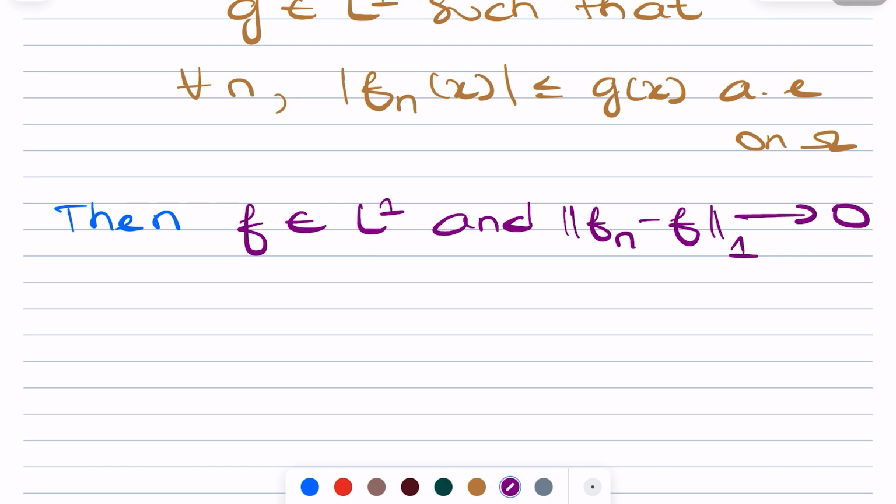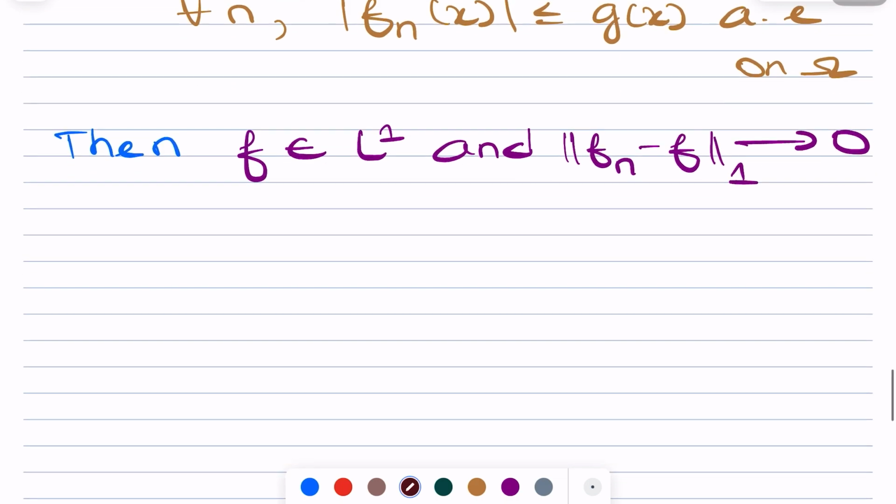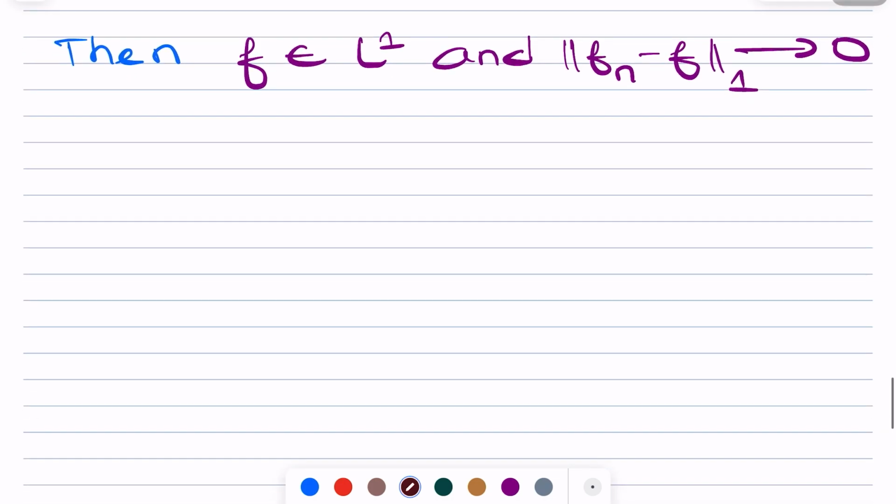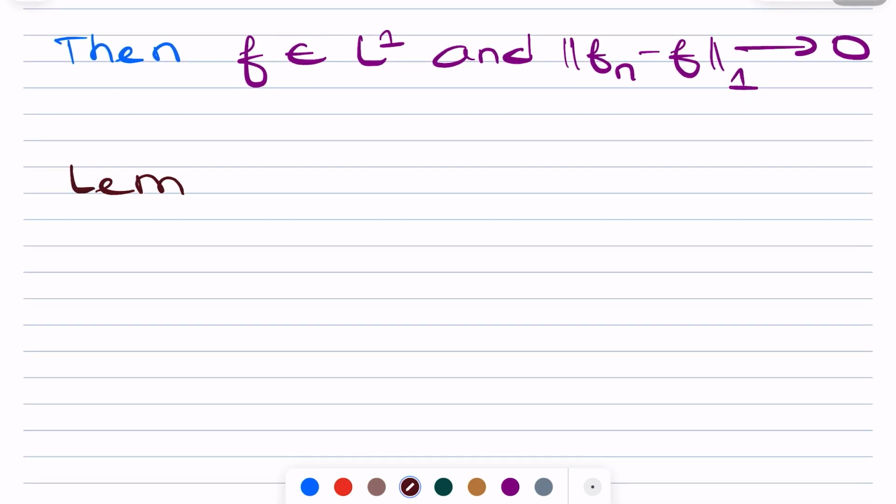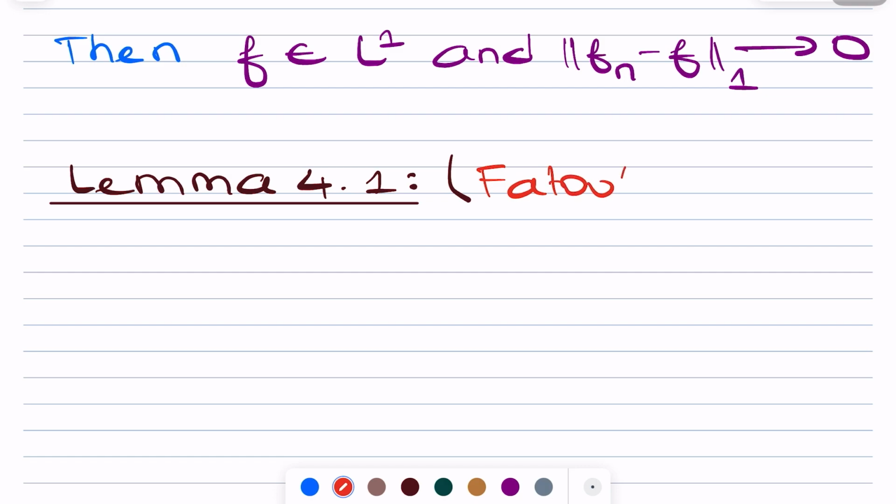So good. Lemma 4.1, and this is the famous Fatou's lemma that some of you may know.